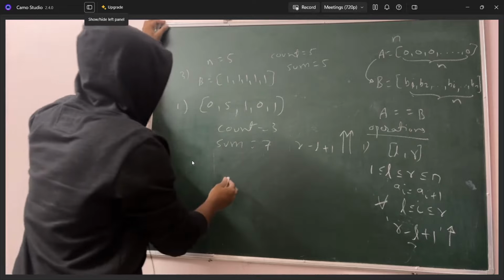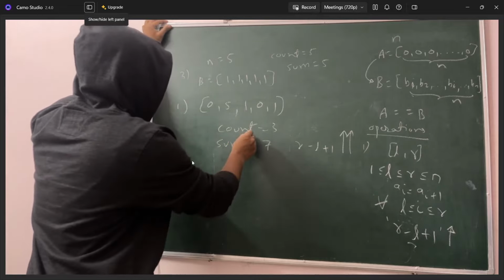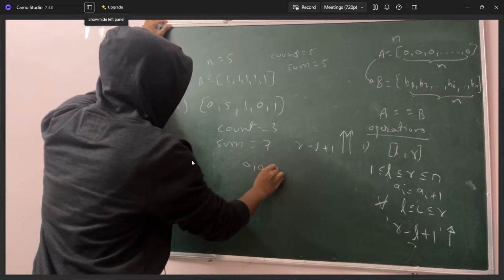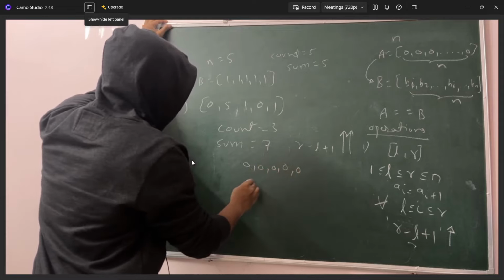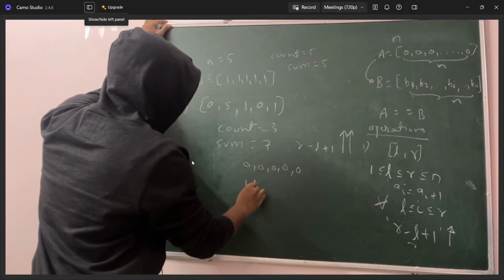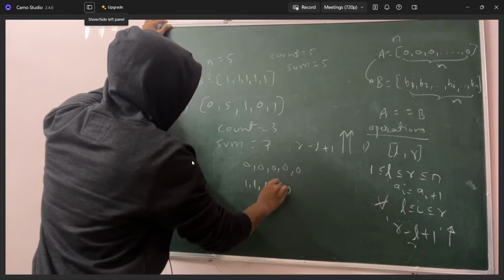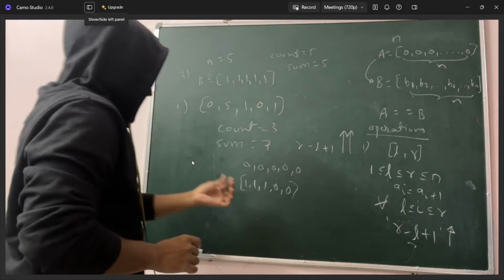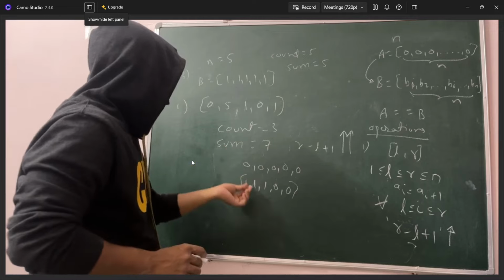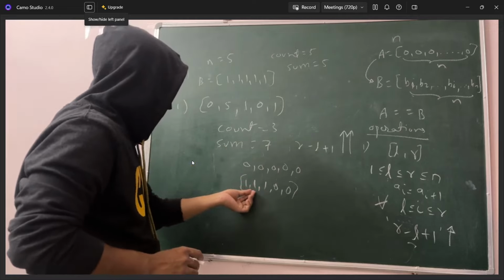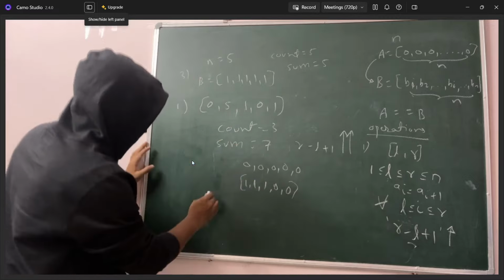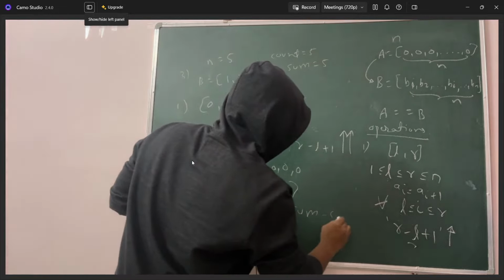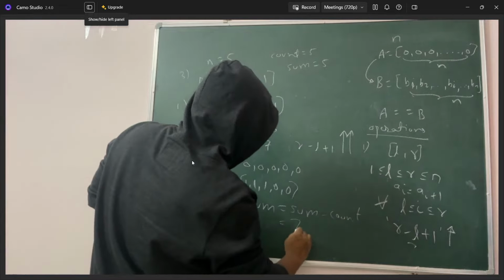That's why I was taking the count number of elements. Initially all elements are 0. So now when you're taking the 3 elements, you can take only 3 elements, not more than that, because the rest of the 2 elements are 0 only. So when you have taken these elements, in the first operation you have got a sum of 3, which equals the count. The remaining sum is going to be sum minus count, which is 7 minus 3, which is 4.